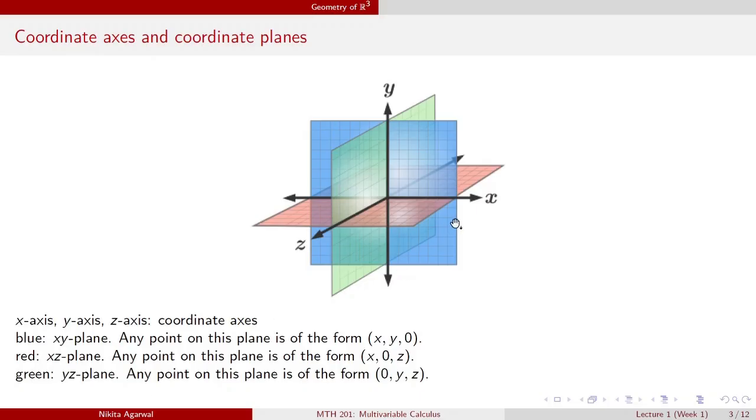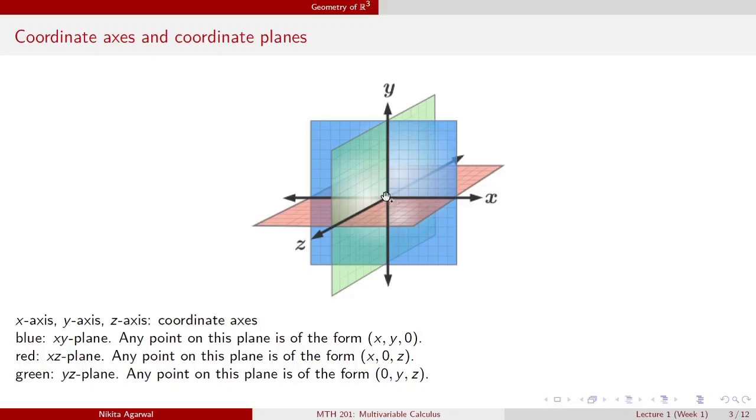If you take any point on the blue plane, the xy plane, it is of the form (x, y, 0), because z is just 0, since you have not moved in the z direction at all.